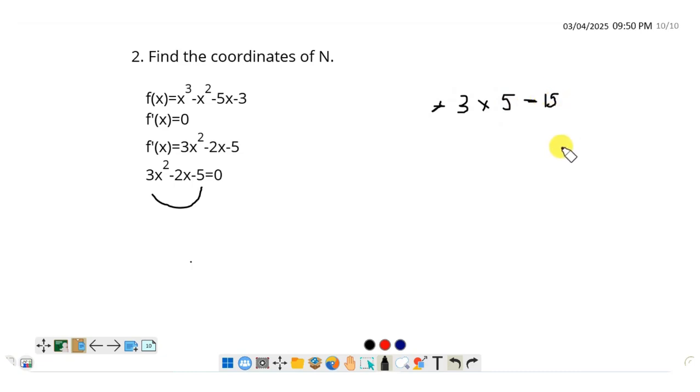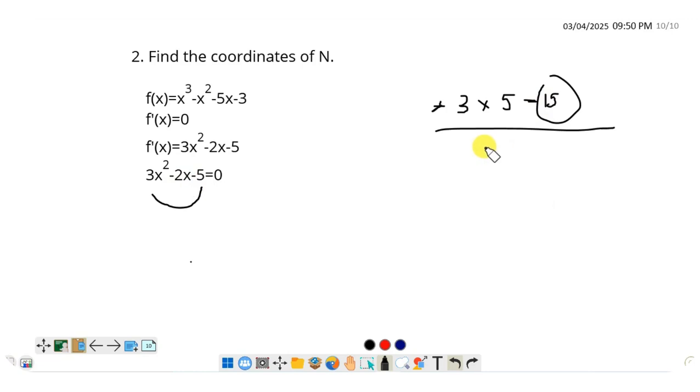After you get that, you want the factors of 15 that multiply together to give that number, but when you add them together, they achieve the middle term.